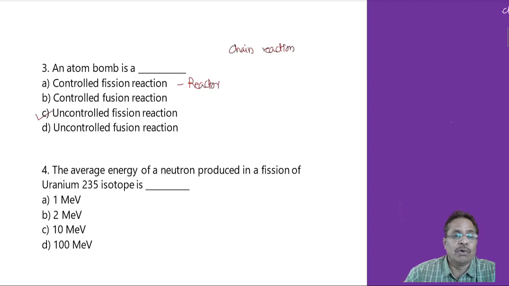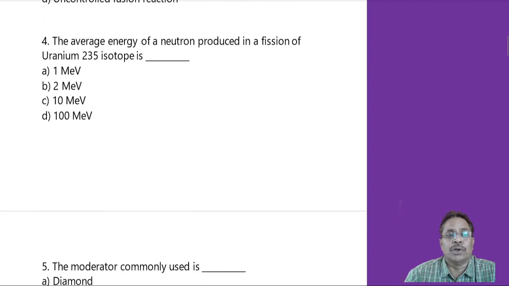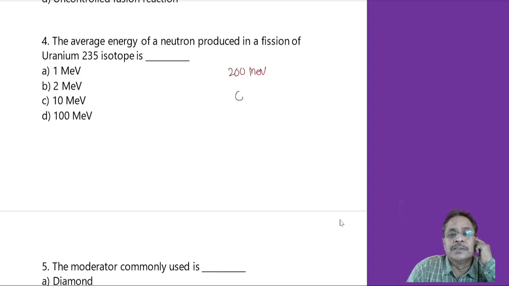Then question number 4, the average energy of a neutron produced in fission of the uranium-235 isotope is. Again, as I said earlier, in this entire reaction the total amount of energy released is almost 200 MeV, and out of that 6 MeV is the amount of energy taken by 3 neutrons.